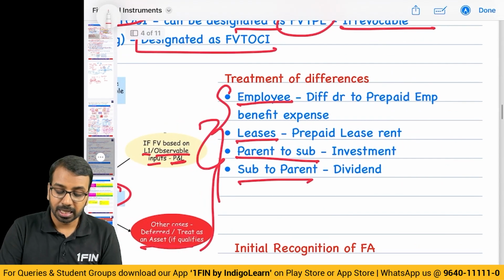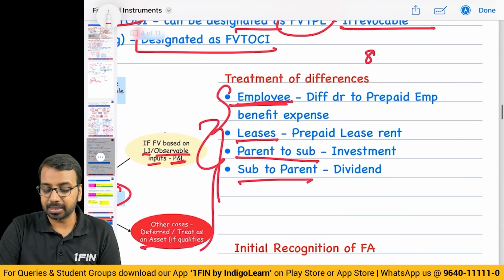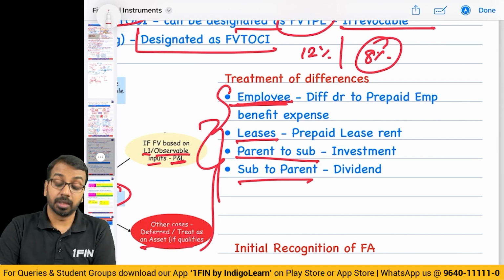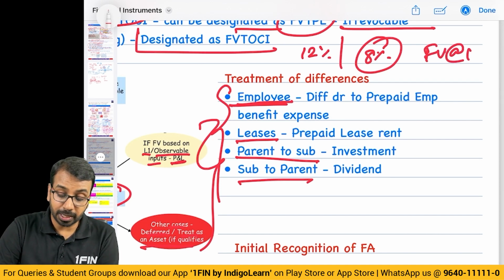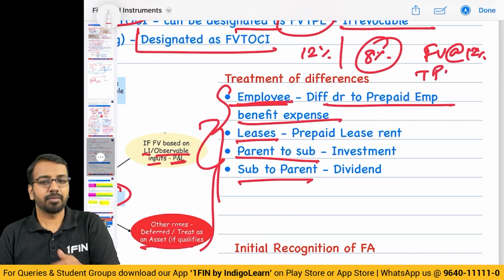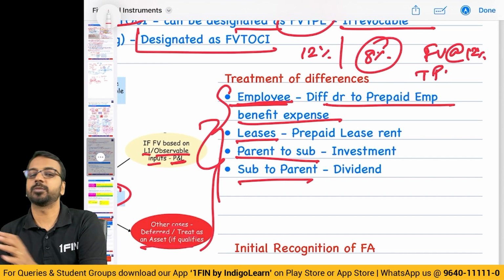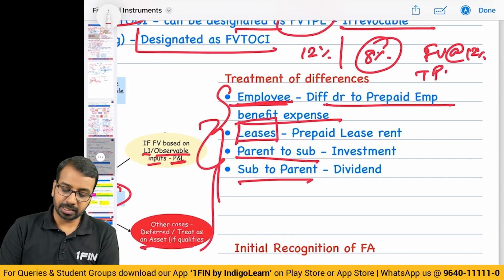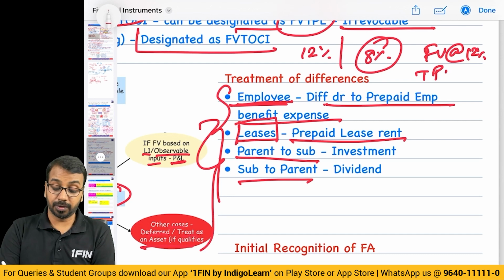If you have given a loan to an employee at, let us say, 8% and the market rate is 12%, you have given at a lower rate, then the difference between the fair value at 12% and the transaction price will be debited to prepaid employee benefit expense, and over the service of the employee, you will expense it out.